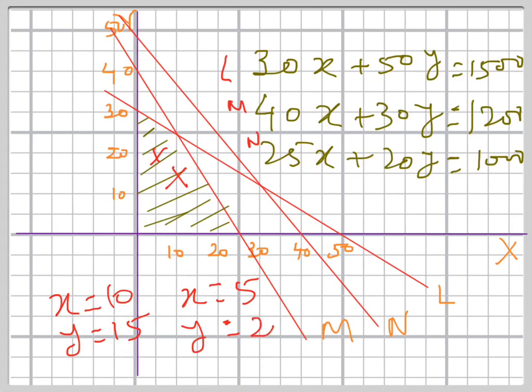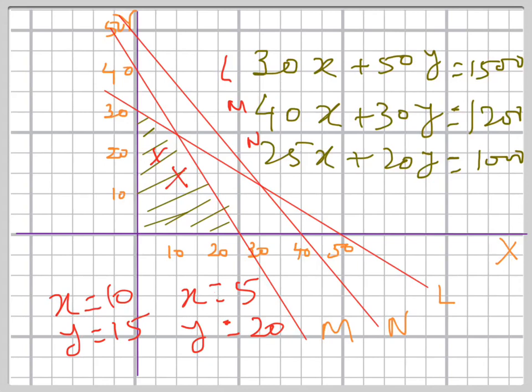So once again, if you check, you will be noticing that all the constraints are satisfied. So these are the two examples of feasible solutions. You can have many, in fact infinite number of points in the feasible solution space, which satisfy all the constraints.